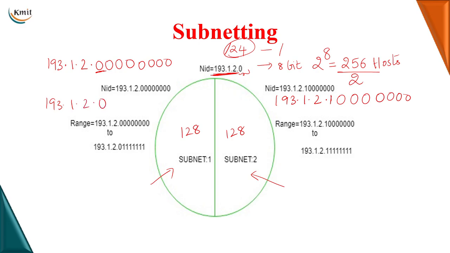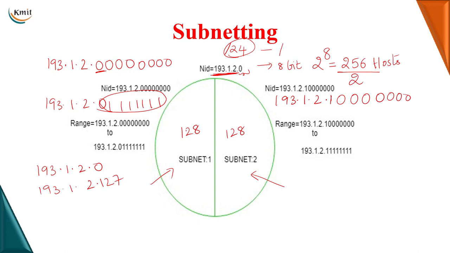This 0 will remain like that only, and all the other zeros will count up to 111. When I convert it into decimal, I get a range from 193.1.2.0 to 193.1.2.127.